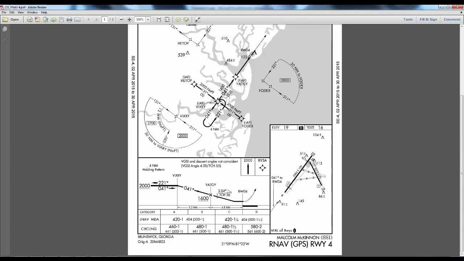And what that means is from minimums at the visual descent point, if we see the runway, then we can continue this 3.04 degree descent angle and make the runway. After the visual descent point, we're going to need an increasingly steep descent angle to make the runway if we see the runway later.